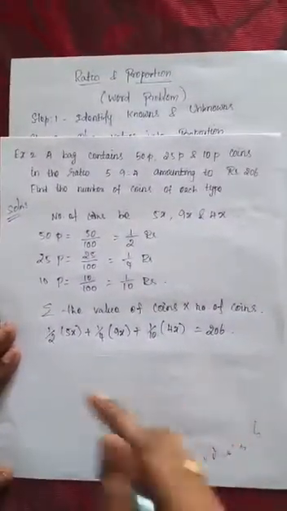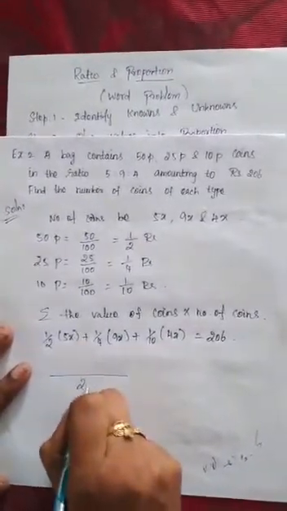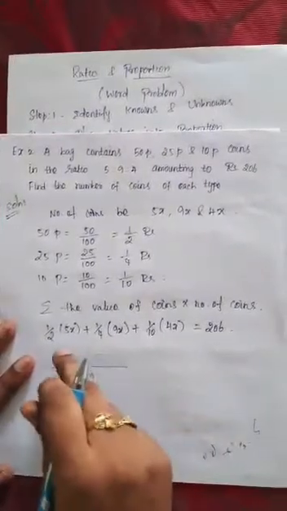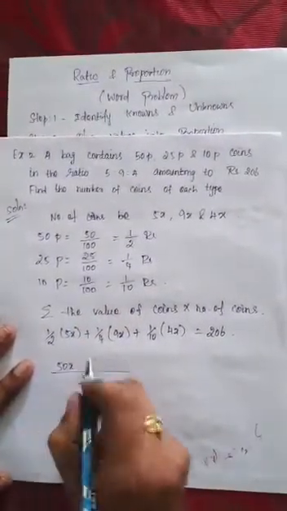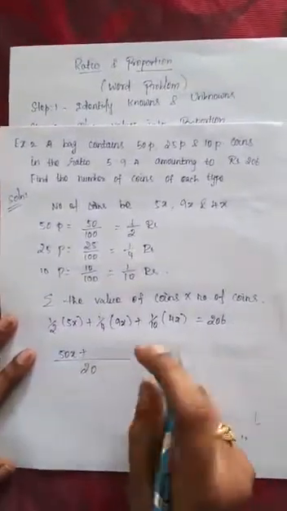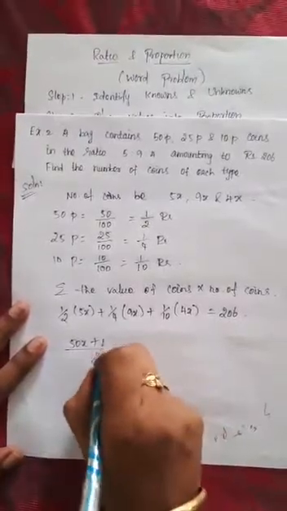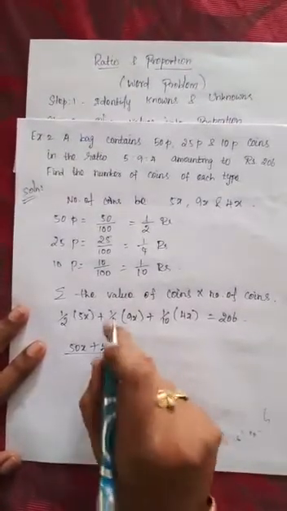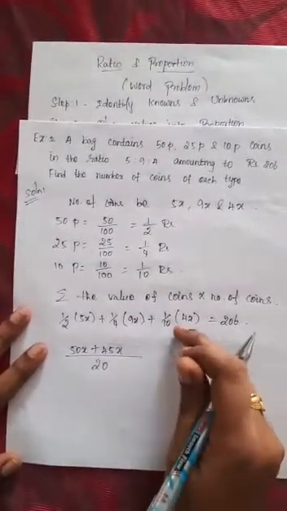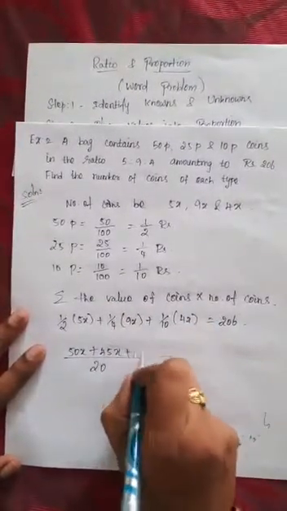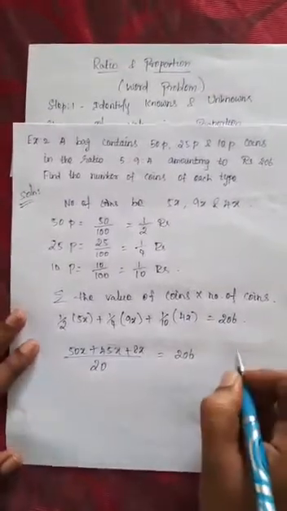Taking the LCM, in the first term multiply and divide by 10, so 50x by 20, plus in the second term multiply and divide by 5, so 9 into 5, 45x by 4 into 5, 20, plus in this term multiply and divide by 2, so plus 8x by 20, which is equal to 206.